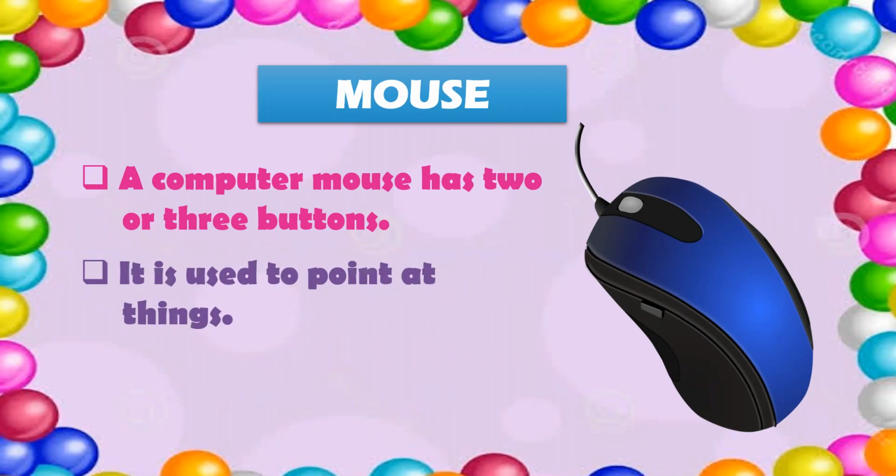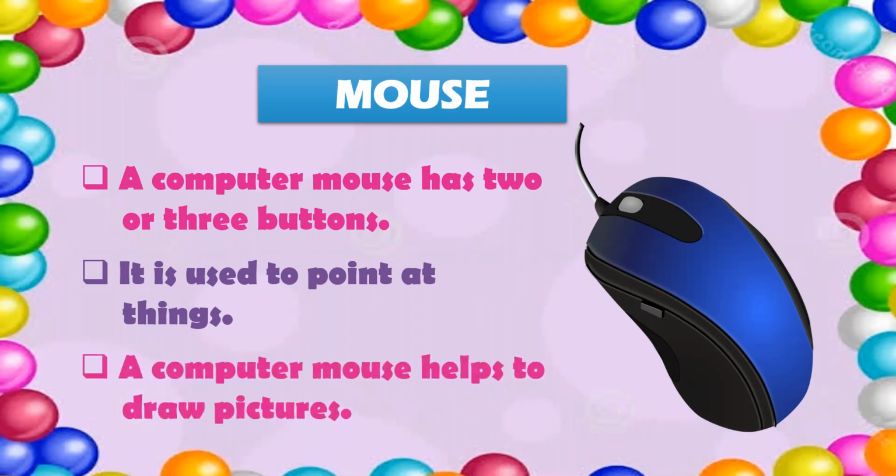It has 2 or 3 buttons on it and also has a tail, that is a wire. This wire is used to connect to the CPU. By using the mouse, we can also draw pictures. So it is also called a pointing device.